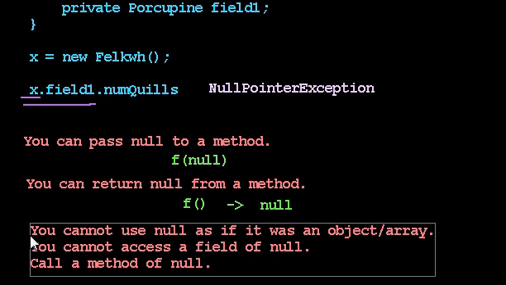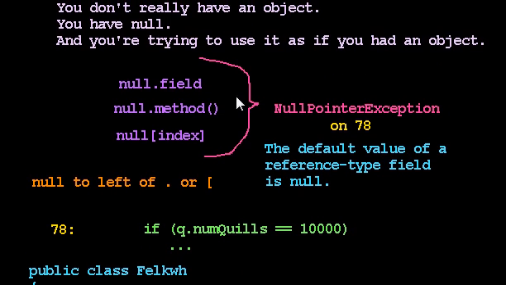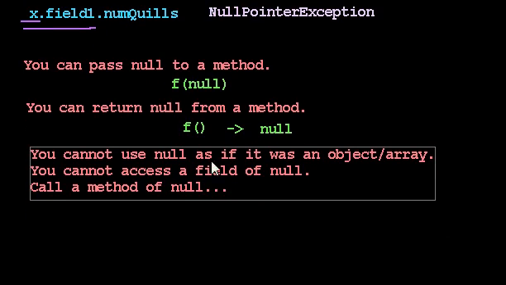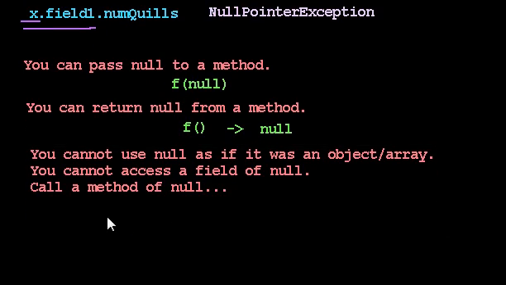In other words, you can't do all of these things that we just saw up here. You can't do null dot, and you can't do null bracket. You can pass null, you can get null back, but you can't start treating null like a full object and then asking it to do things for you, like get the x-coordinate or ask for its number of quills or something. That's what's going to get you in trouble.